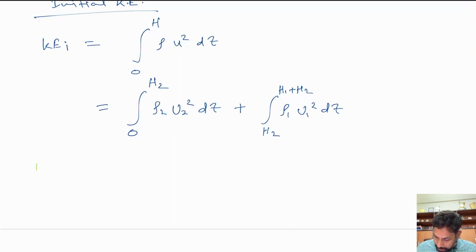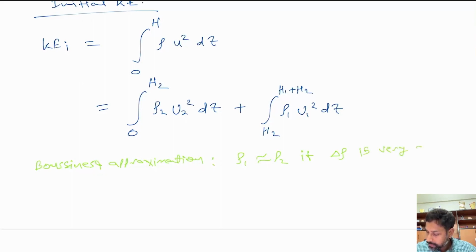But here we will apply Boussinesq approximation, which tells that rho 1 is equal to rho 2 if delta rho is very small, right? And we can do it here because it's not multiplied with the gravity term, right? Because Boussinesq approximation works everywhere else except when it is multiplied with gravity, and that's why here for kinetic energy we are able to do it. And that is why we will define rho 1 equal to rho 2 equal to rho infinity.